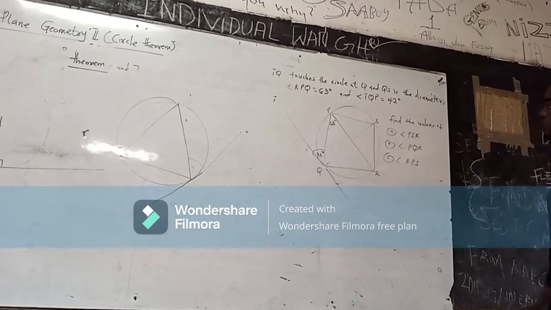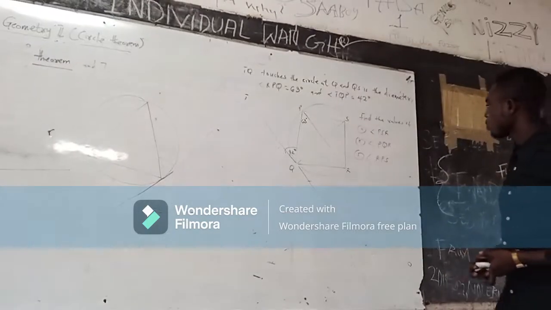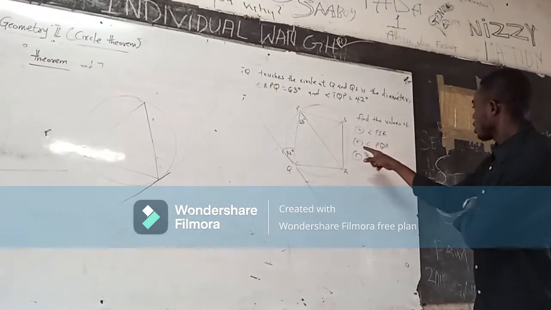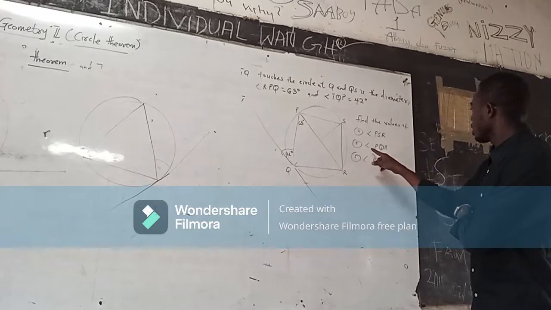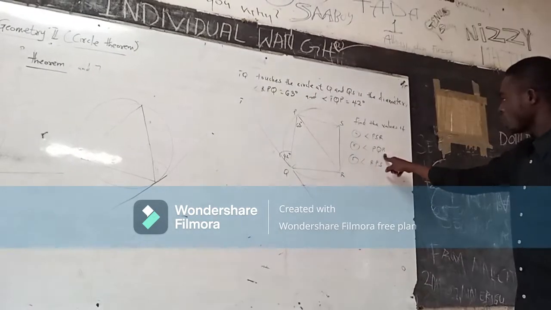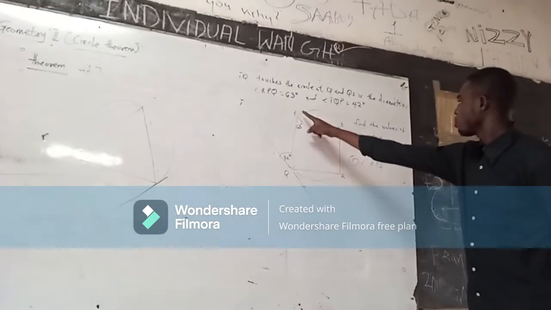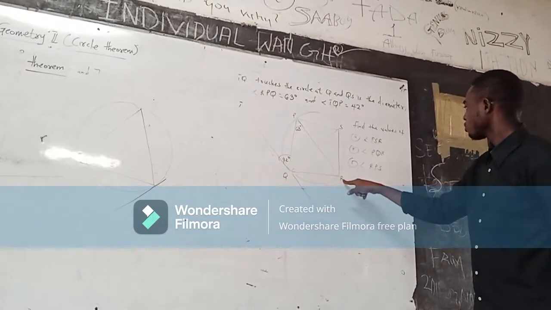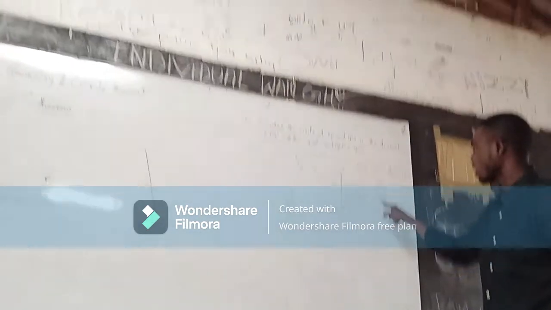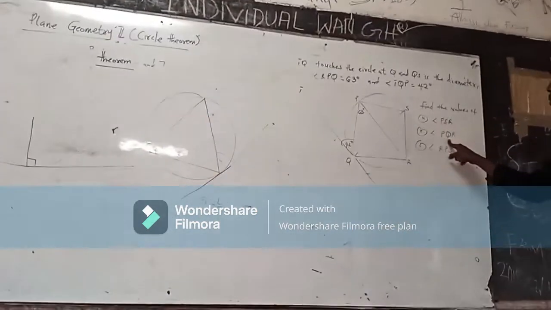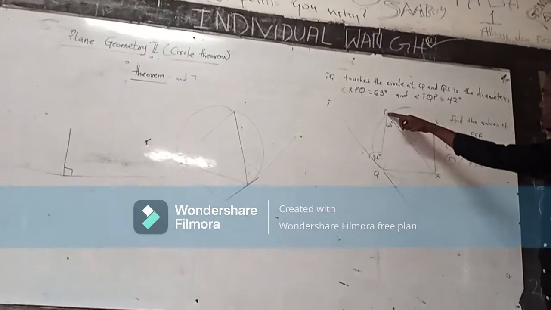Okay, let's put that one aside. We will work it out. Let's come to the B. Angle PQR. They say we should find this PQR. So what is the PQR?